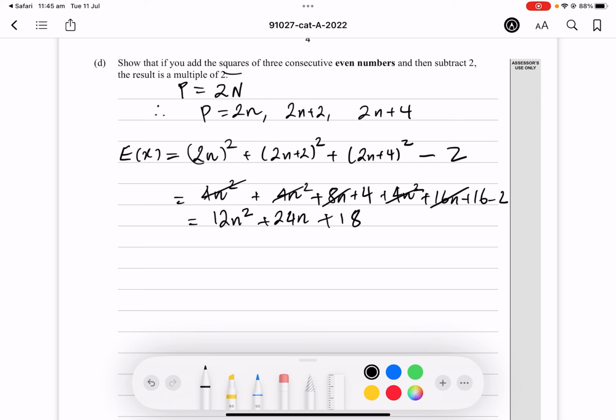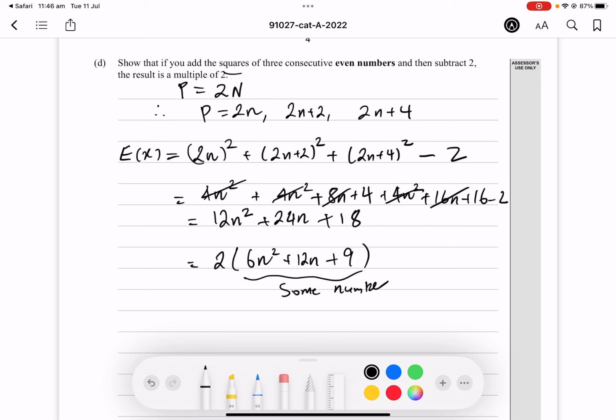From now, we can't really tell anything, but we notice that 2 is a common factor for this expression. So we're going to factor out the 2. We have 2 times 6n squared plus 12n plus 9. And then this is just 2 times some number. We don't really care what number it is, but it's some number multiplied by 2.